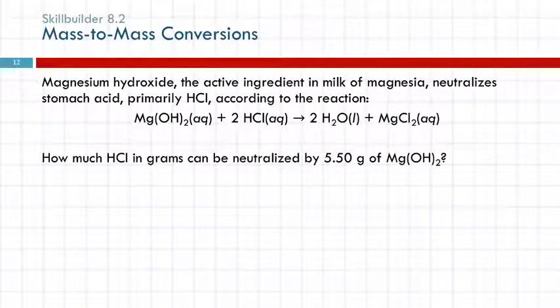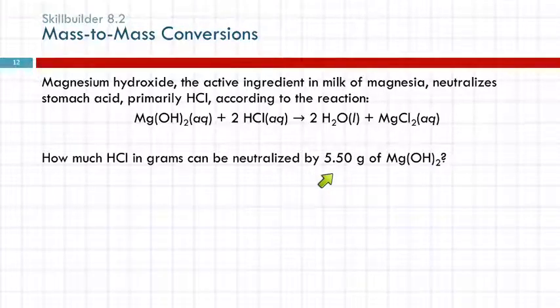Let's do another one. Magnesium hydroxide, the active ingredient in milk of magnesia, neutralizes stomach acid, primarily HCl, according to the reaction. Okay, this is backstory. We don't need that. It's just to make the problem more interesting or more relevant. Here's the equation. How much HCl in grams can be neutralized by 5.50 grams of magnesium hydroxide?